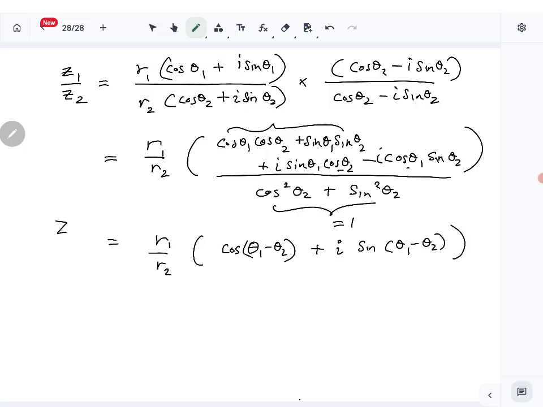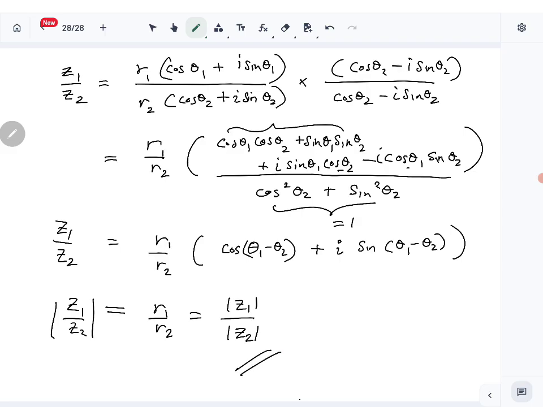So then Z1 over Z2 has this form. So then modulus of Z1 over Z2 is what? R1 over R2, and R1 is what? Modulus of Z1, and R2 is modulus of Z2. So there's the proof of the second part. Modulus Z1 over Z2 is the same as modulus of Z1 divided by modulus of Z2, right?